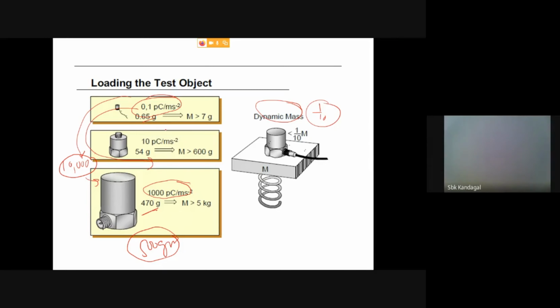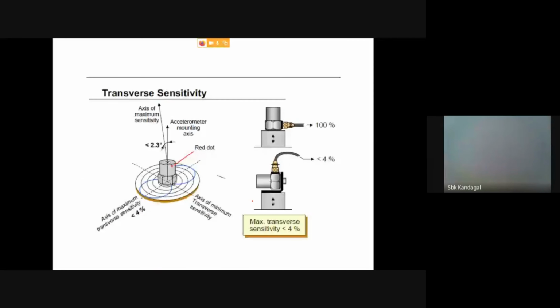So this is where you should ensure which structure you are doing the experiment on and how to do it. Here also you can see the typical thumb rule: whenever you are doing an experiment, don't try to exceed the weight of the sensor beyond 1/10 of the structure, meaning 10%. So restrict it to 10%.